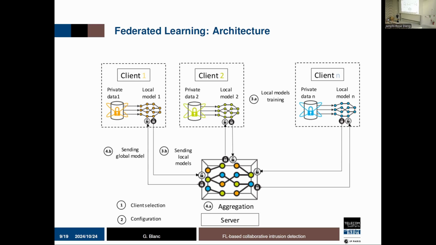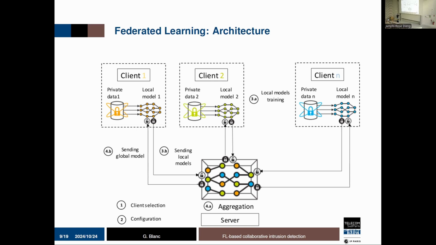When we speak about federated learning, we hear a lot that it is privacy preserving. Why? Because at least at first glance, you are not sending data. You're only sending gradients, parameters of your models, but not your own private data. Then we have, as I told earlier, the security vendor that aggregates all these models to compute a single one that is sent back to the clients.